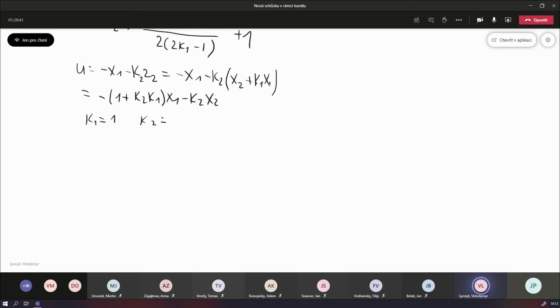Someone used this condition in the last homework, and only said that V dot is less than minus alpha V. Yeah. Okay. Do you have any question?